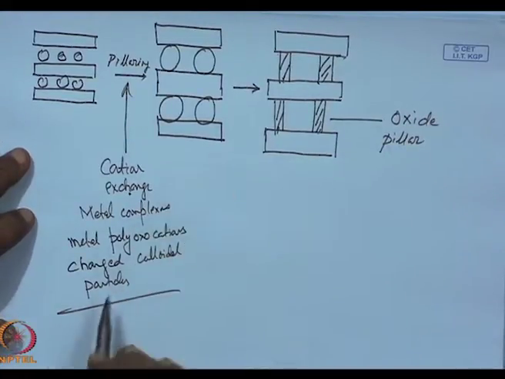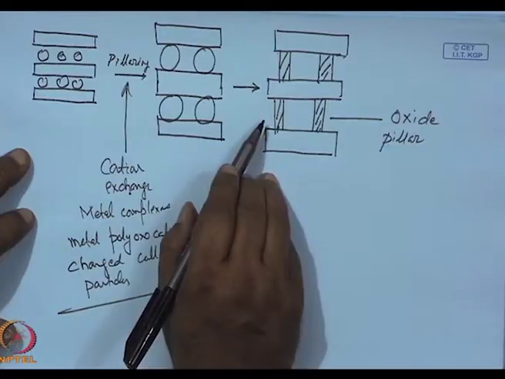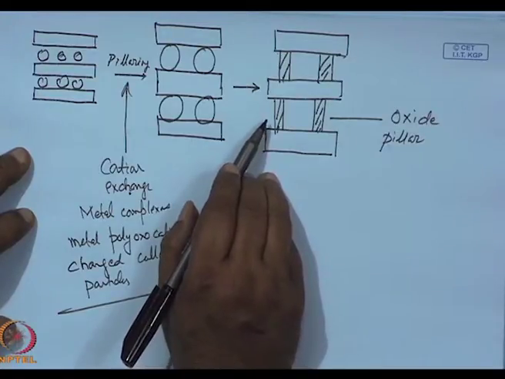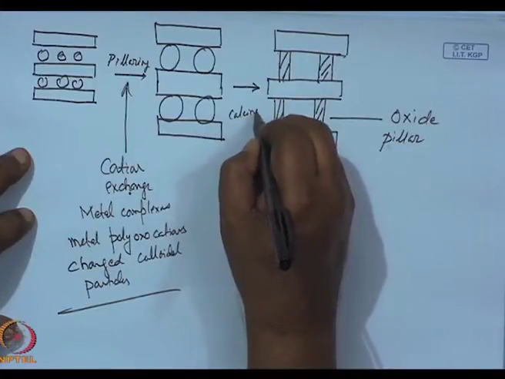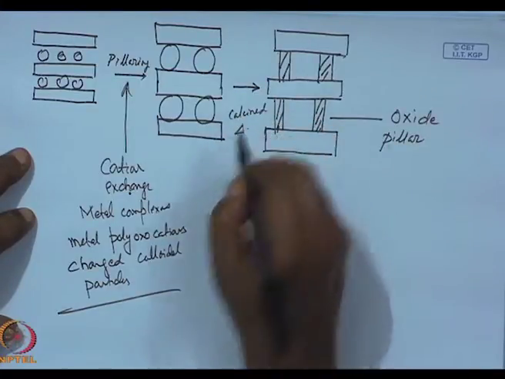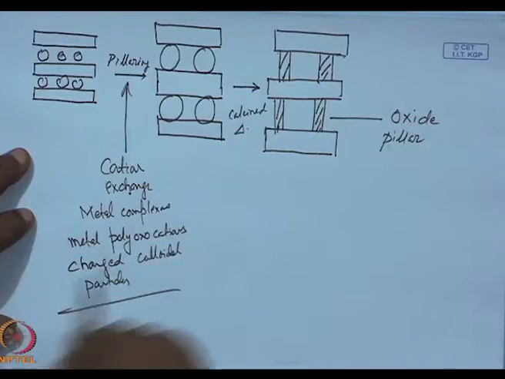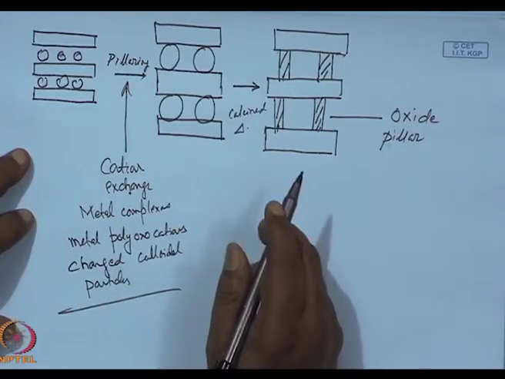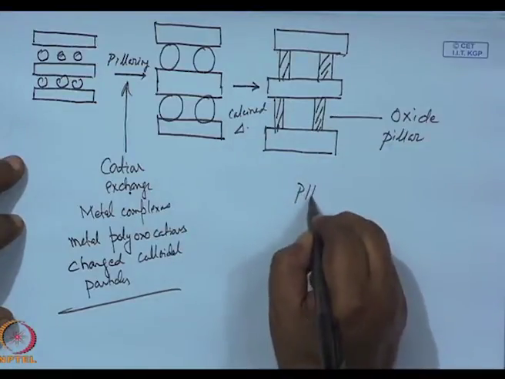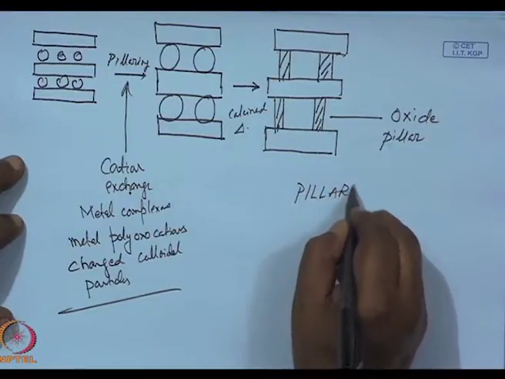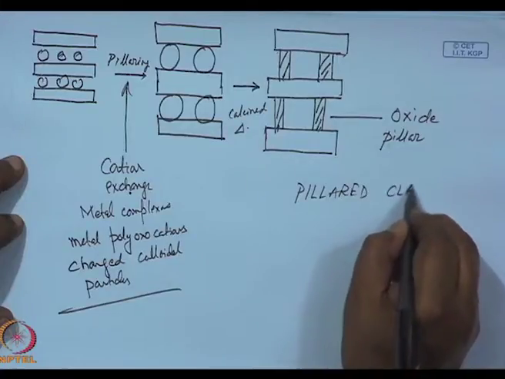And as they go in, they can then be calcined, meaning heated, to form the oxide layers to give this pillared clay.